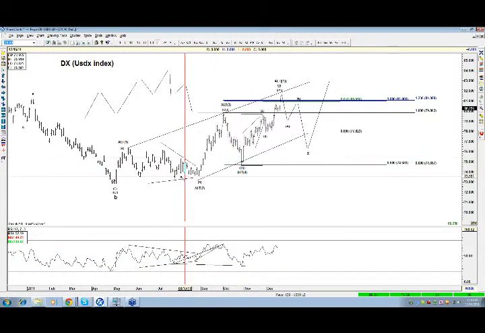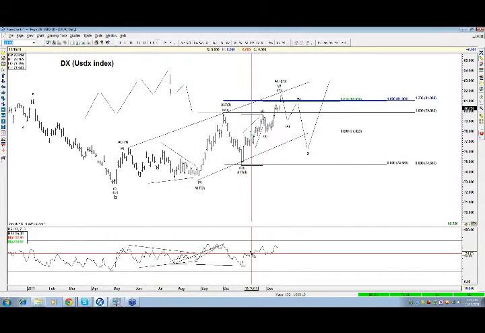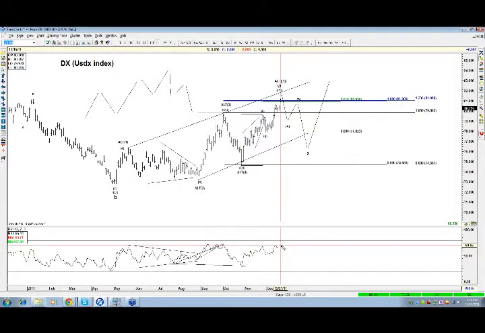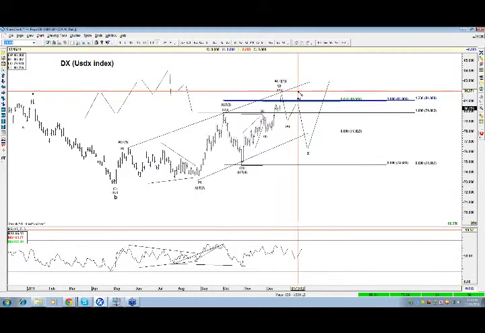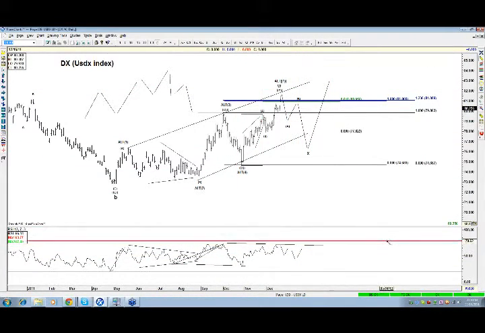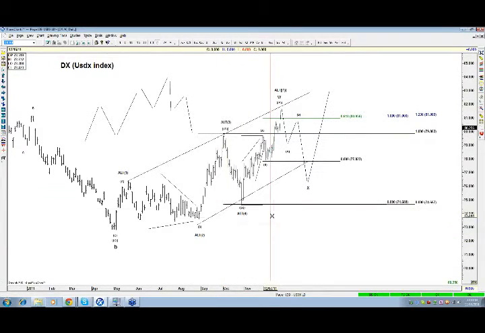So if you take a look at the RSI by itself, it looks like the double zigzag, according to the RSI, is the scenario. There is divergence with this high already. So looking at the RSI it is A, B, Z.